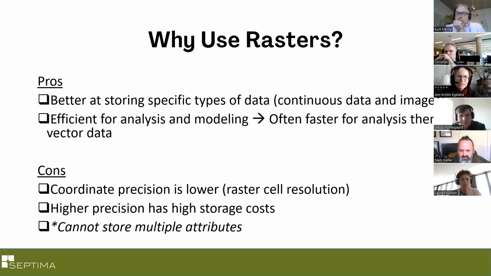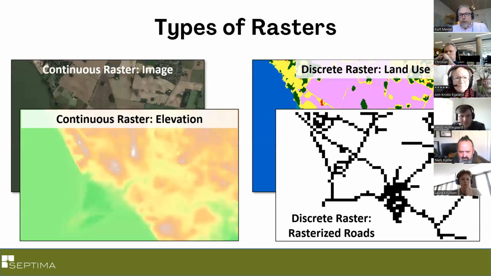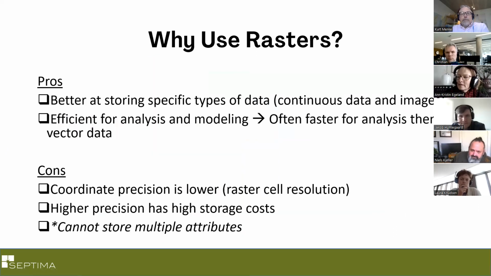How do you know, is this vector or raster? Well, when we get into working with QGIS in a few minutes, we can just look at layer properties and it will tell you if the data set is vector or raster. Okay. So that's not difficult in the software to determine. Yeah. Great.